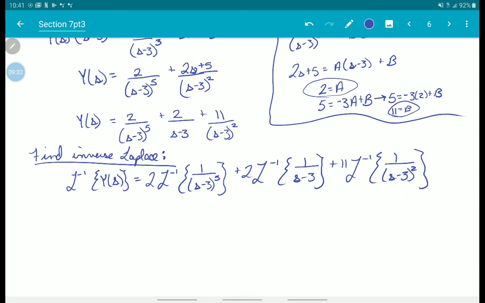Now, when we take the inverse Laplace of y of s, we're just going to get y of t. This isn't quite in that form yet, so I'm going to rewrite that as s to the 5th, recognizing that s minus 3 we're replacing with an s.